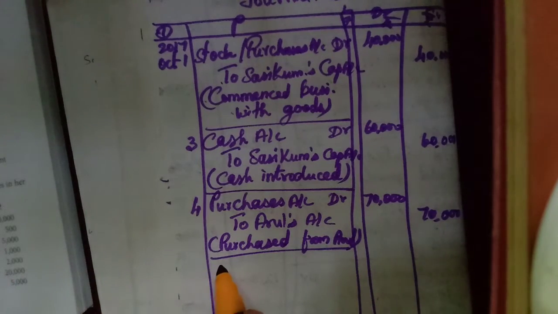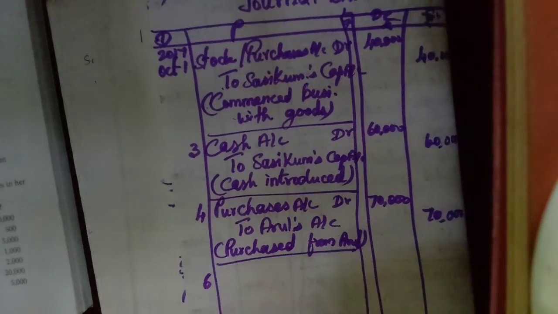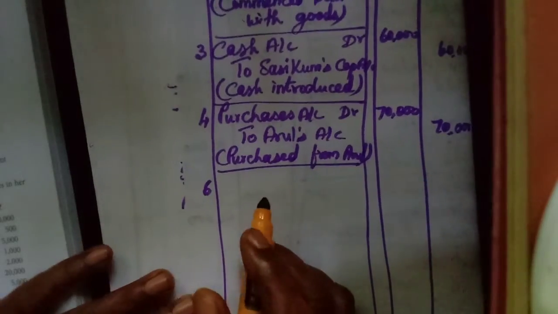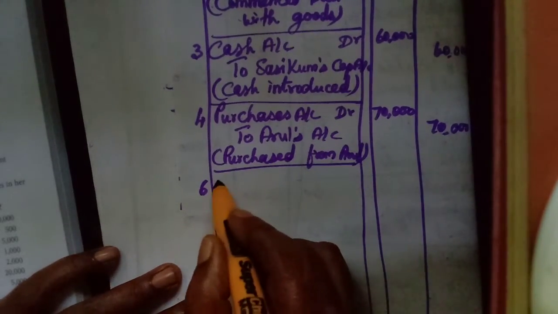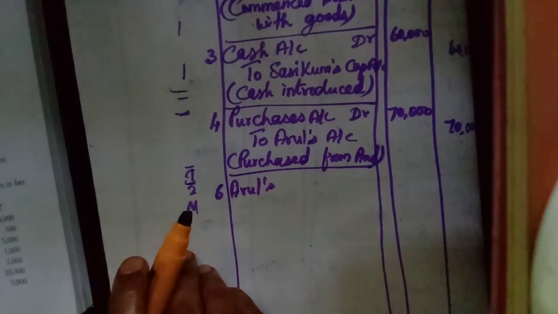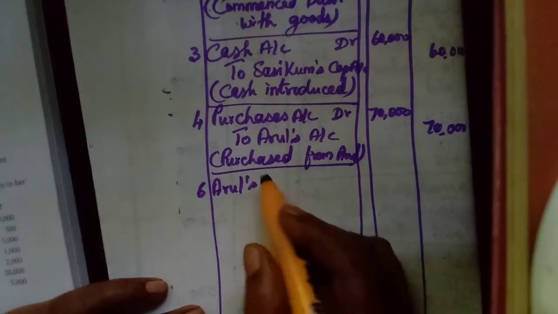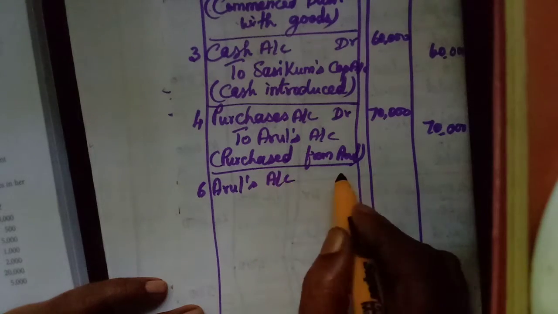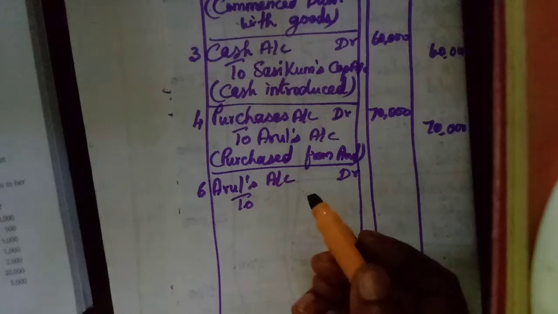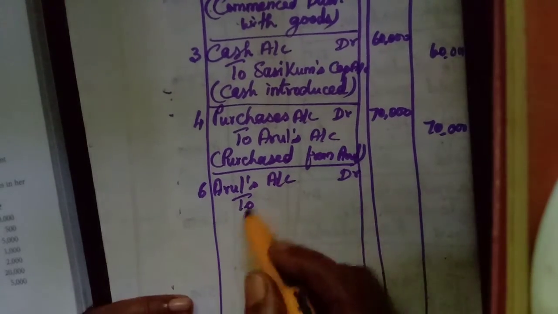Then 6. Returned goods to Arul. If we purchased and we are returning, here Arul's account should be debited. Arul's account debit to, sorry, not cash. We returned goods, isn't it?